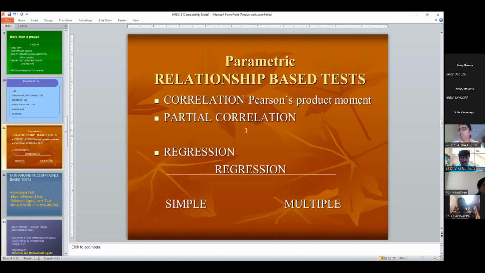You take data from several samples and apply a simple regression, then you get a rate of change. Here you have height as the independent variable and weight as the dependent variable. That's where you have one independent and one dependent variable, simply referred to as simple regression. Whereas in multiple regression, you have several independent variables and only one dependent variable.